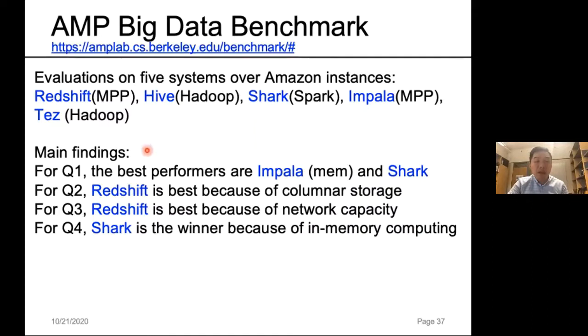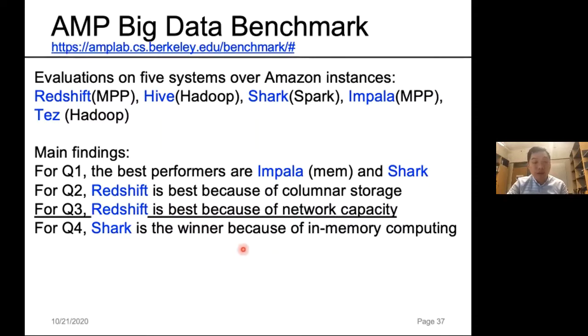Their main findings are as follows. For query 1, the best performers are Impala and Shark. For query 2, Redshift is best because of its column storage. For query 3, Redshift is also best because of network capacity. And for query 4, Shark is the winner because of in-memory computing.